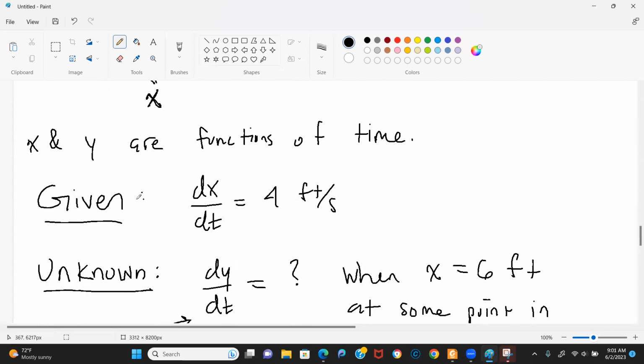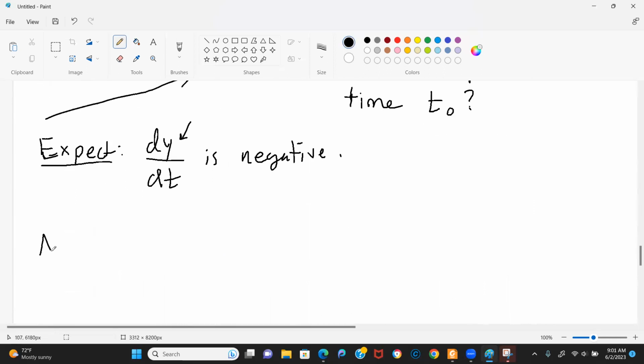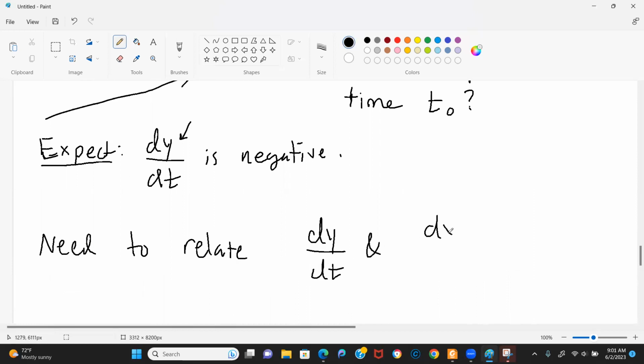So we have these two quantities, and we're given this, and we want to find this. So we need some sort of relationship between them. We need to relate dy/dt and dx/dt. Well, how do we do that?